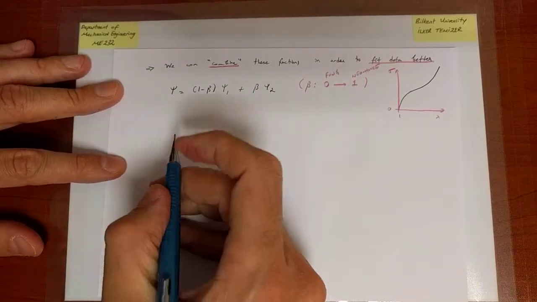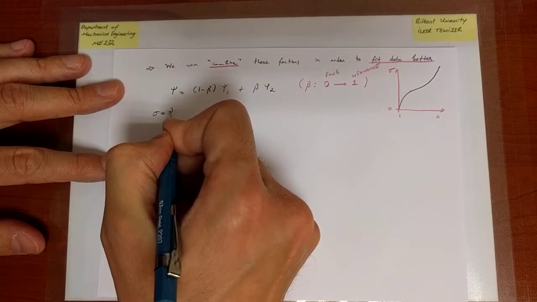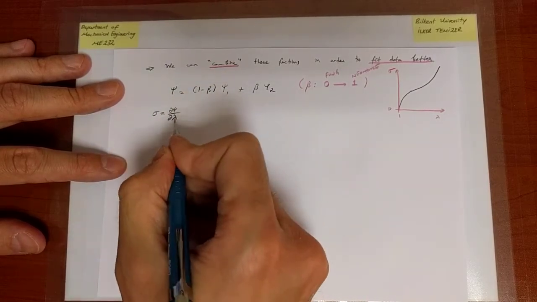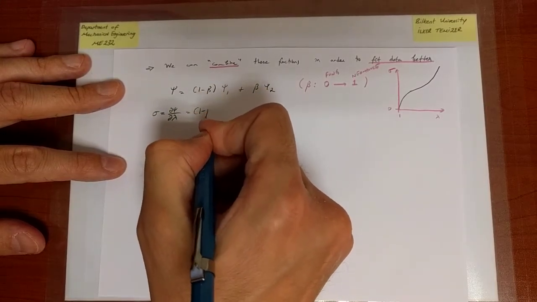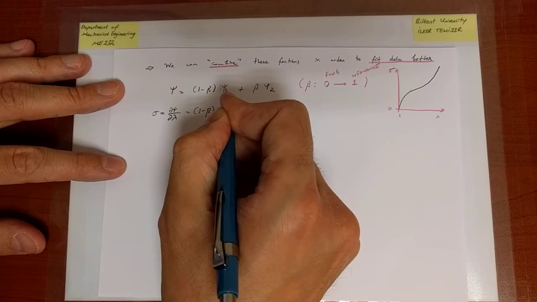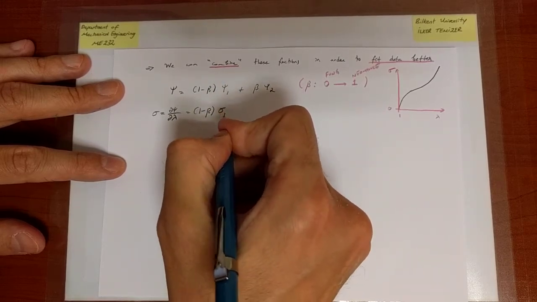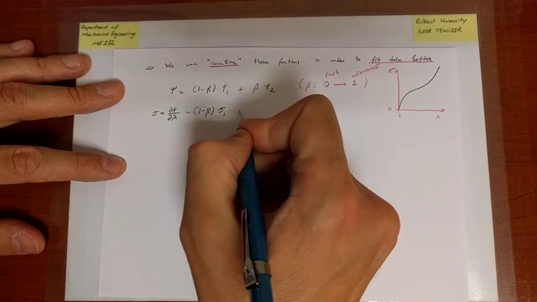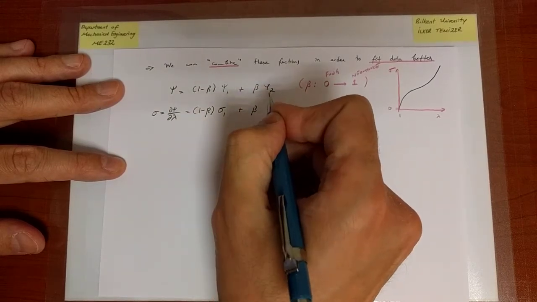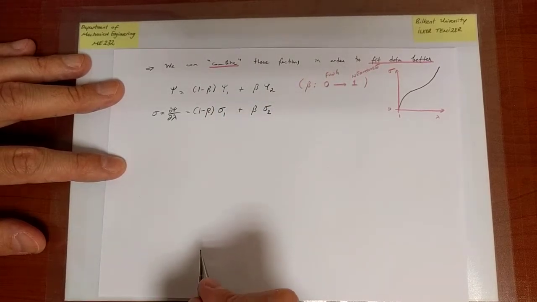Once I pick a certain value of beta, I can calculate the value of the stress, which is always the derivative of the energy with respect to lambda. That's going to be equal to 1 minus beta times sigma 1, where sigma 1 is the derivative of psi 1 with respect to lambda, the stress versus stretch relation for the Fung model, plus beta times sigma 2, the stress versus stretch relation that comes from the Neo-Hook model.